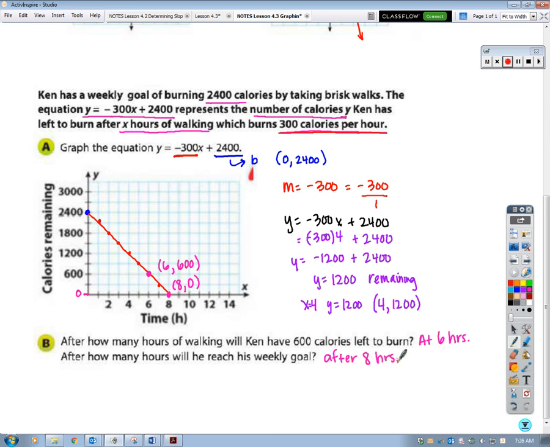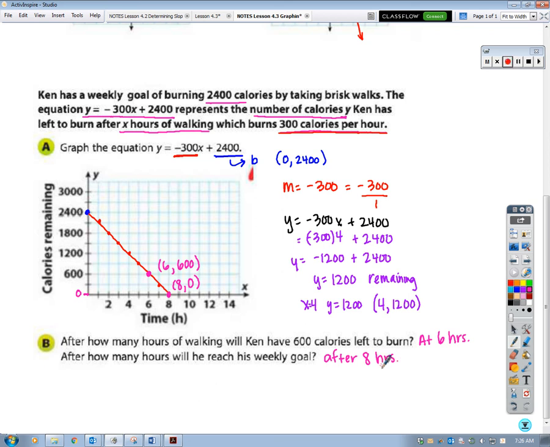This is a nice real-world scenario here because there's times where, for example, you wanted to make a certain amount of money and you wanted to find out how many hours you had to work to make that amount of money. Or if you wanted to find out how long it was going to take you to burn a certain number of calories, right?